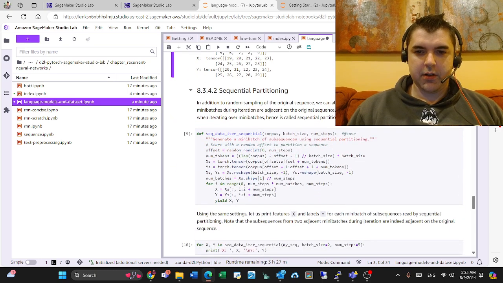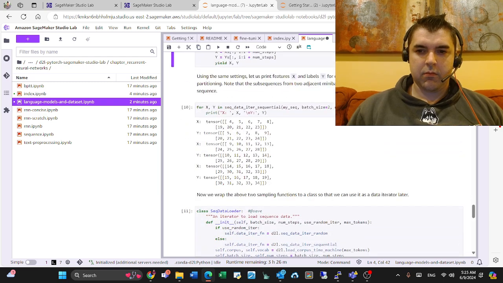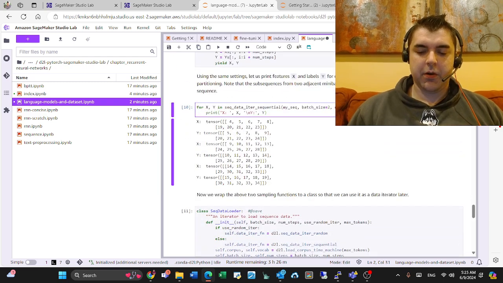Sequential partitioning. Have you heard of the partitioning problem? It is really difficult.